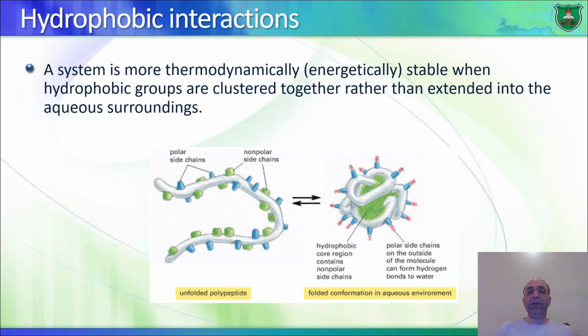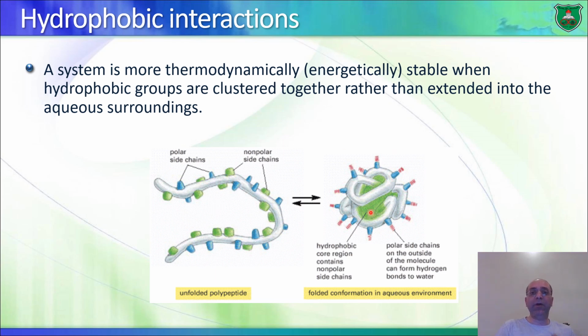Now, probably the most important force is actually hydrophobic interactions. The reason is that proteins have these nonpolar hydrophobic amino acids, and these amino acids are afraid. They have this phobia from water. So as soon as a protein is formed, you have these hydrophobic amino acids clustering together, and they hide from water.